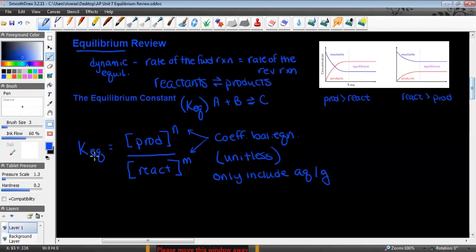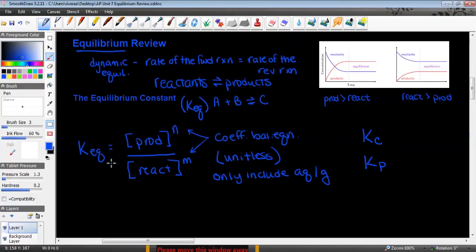This can be written in terms of concentrations, where the brackets represent concentrations. If you're doing a KEQ in terms of concentration, we call it a KC. If you were writing this for an all gas phase reaction using pressures instead of concentrations, we would use KP. It's the same expression, you're just using pressure values.